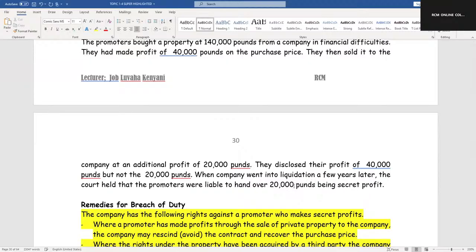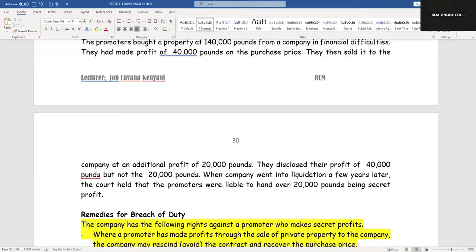They failed on their duty of acting with utmost good faith, because they made a profit on the sale of the asset to the company during promotion, but they never revealed it.